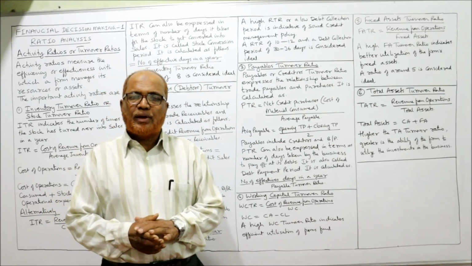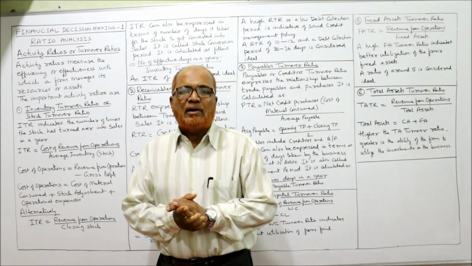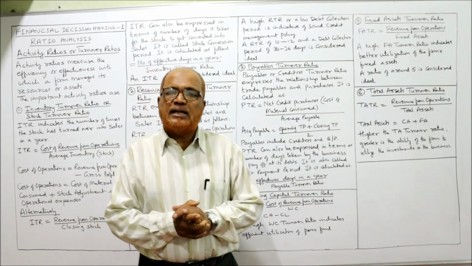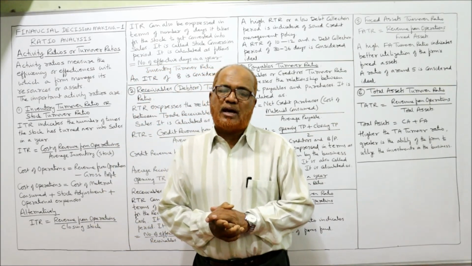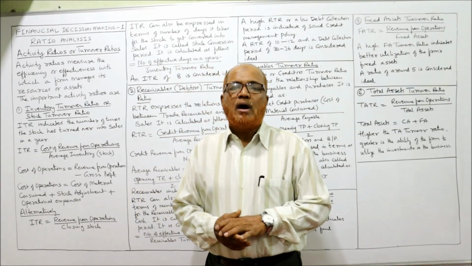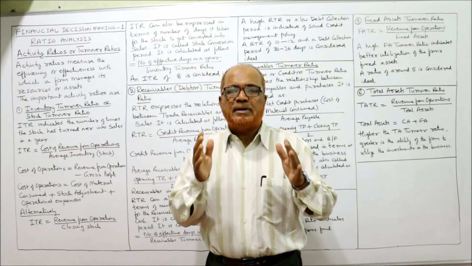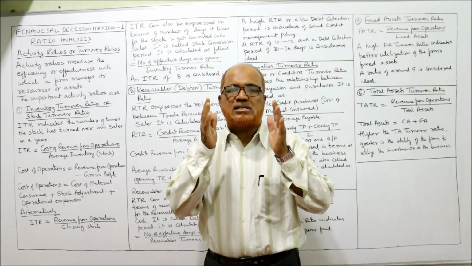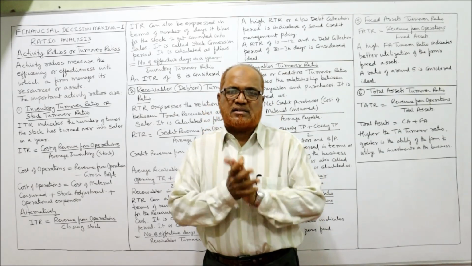That's all. In this video I have explained the third category of ratios, activity or turnover ratios: how effectively the business is utilizing its resources and assets.